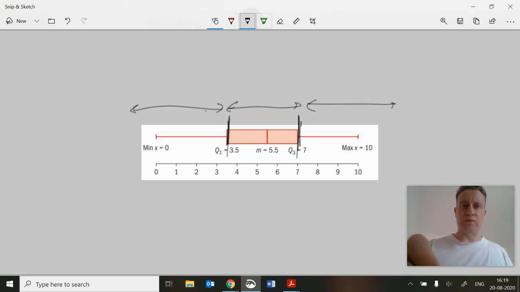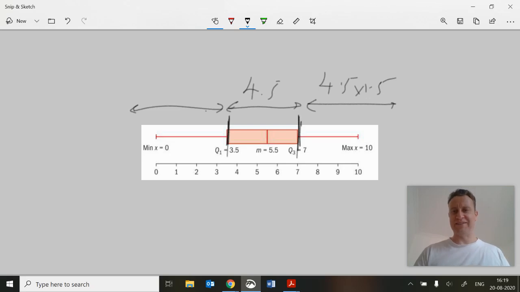So what is the interquartile range there? We've got 4.5. 4.5 times by 1.5, whatever that is. Whatever that distance is, if we add that onto 7, we can see that that's going to be bigger than 10. So 10 is not an outlier. That last point in this distribution is not an outlier.